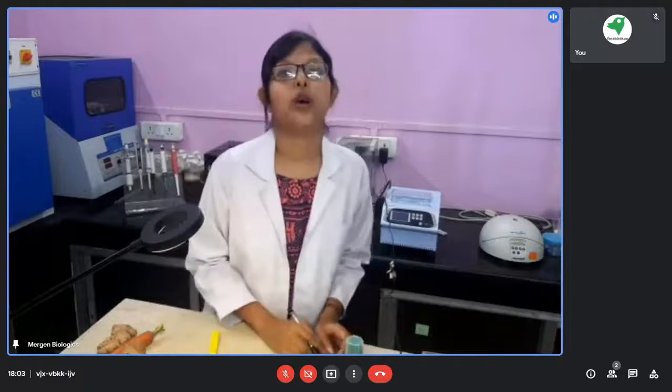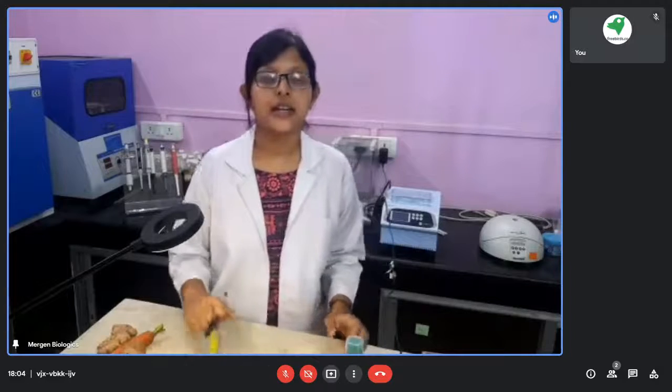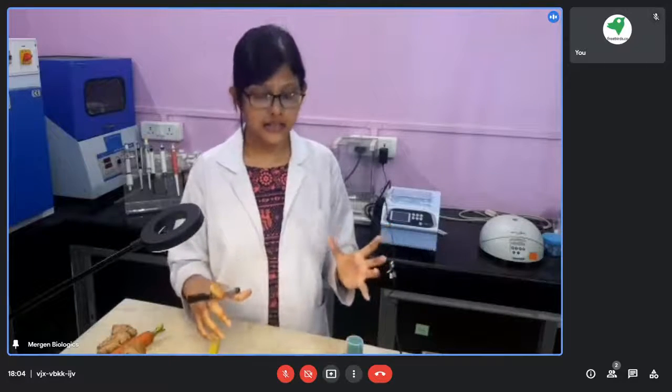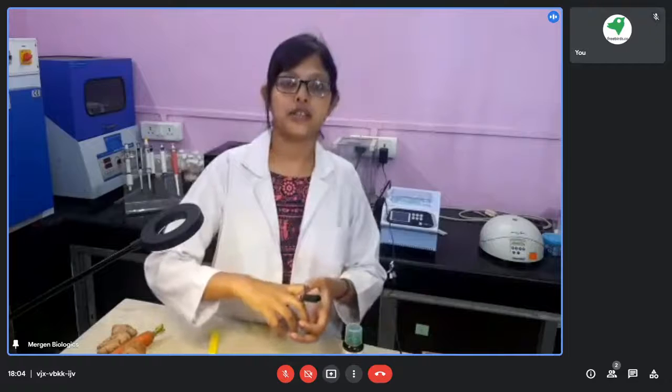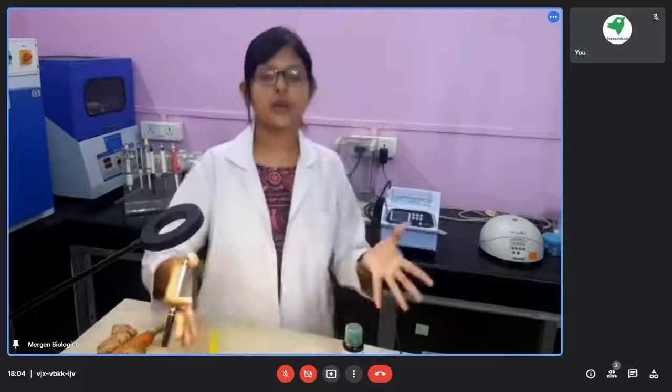I told you while I was grinding the materials that grinding is necessary, because we need to release the starch that is present inside the material. The starch is the thing that reacts with this iodine. If we don't grind and the starch remains inside the cover of the vegetables, then what is the meaning of the whole setup?